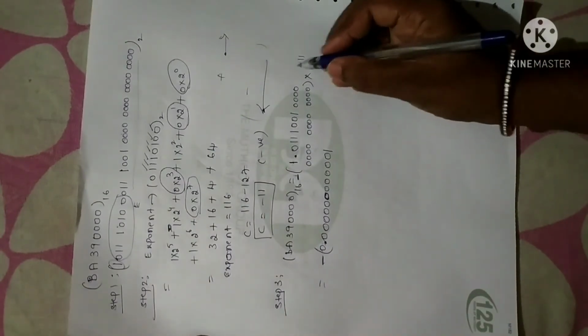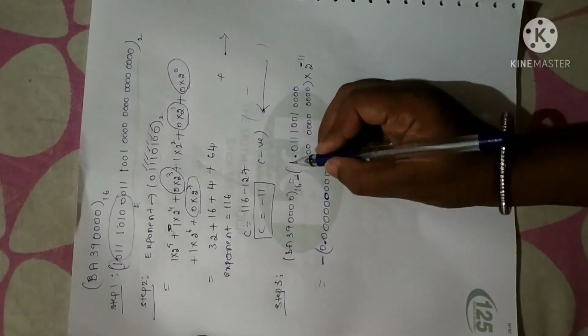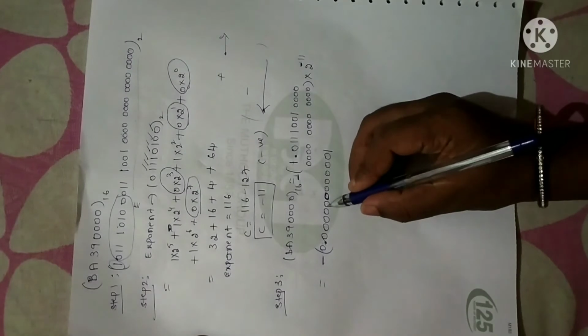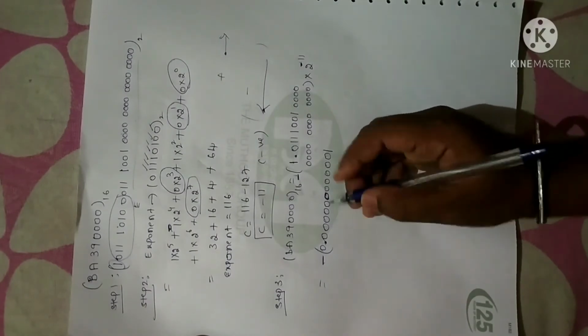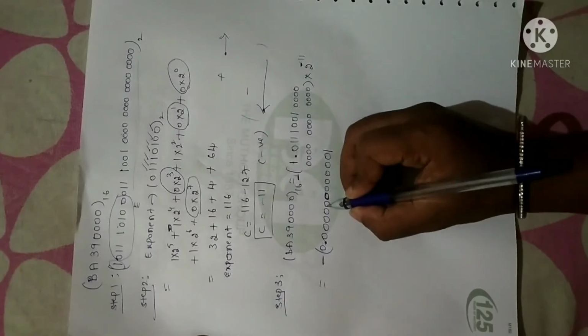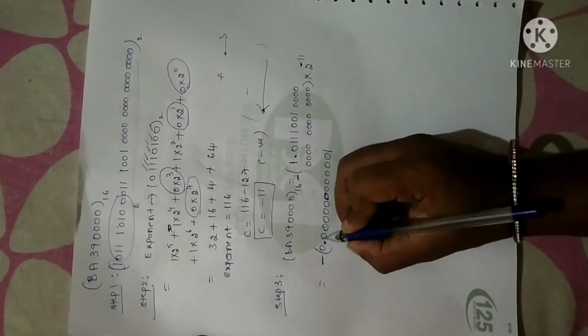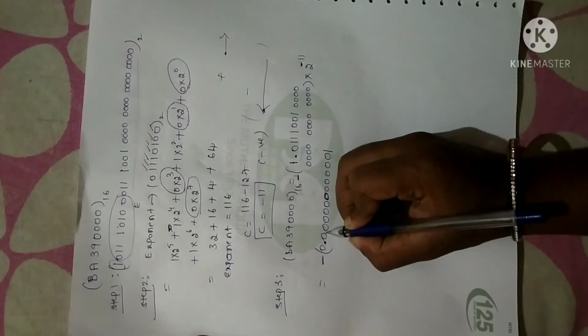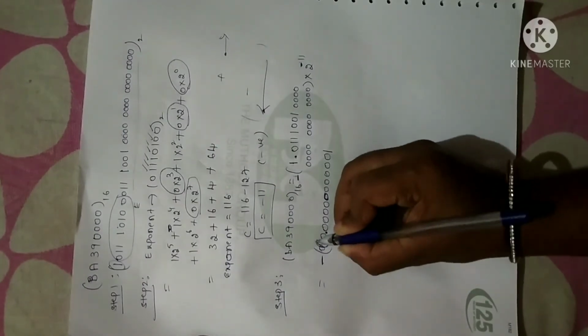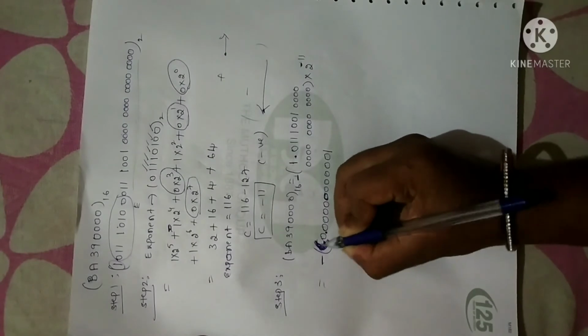Because we have obtained a negative sign, I have to shift in this direction. 1 digit I have already moved. Let me count once again: 1, 2, 3, 4, 5, 6, 7, 8, 9, 10, 11. 12 digits I have moved, so only 11 digits I have to move. Keep the point here. Fine. So only 11 digits I have to move.